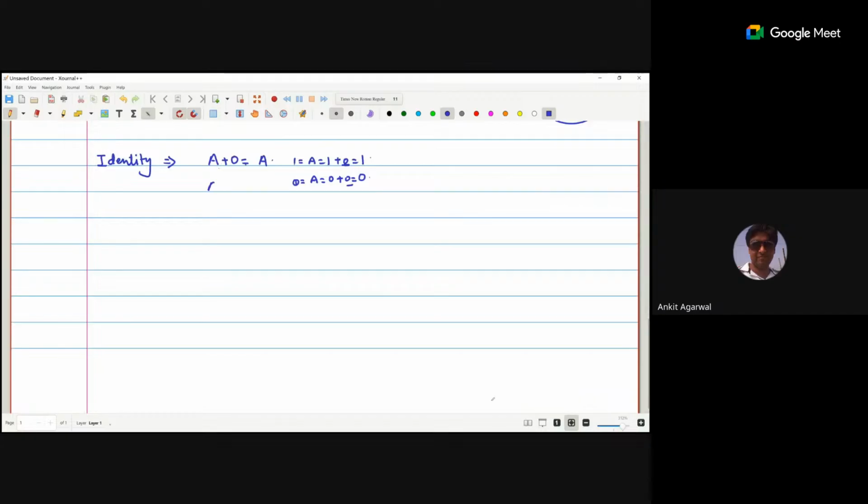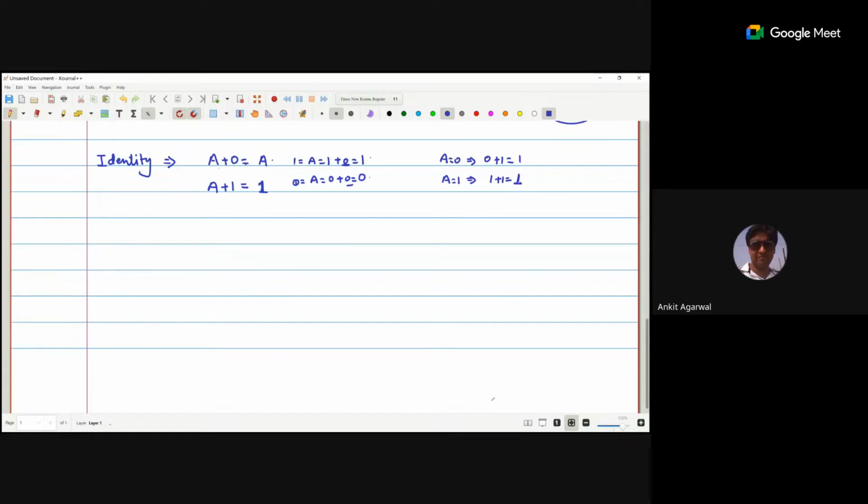If we add with 1, we always get 1. If A is 0, that means 0 plus 1 is 1. When A is 1, that means 1 plus 1 is also 1.